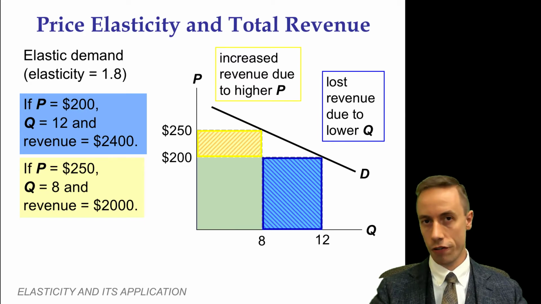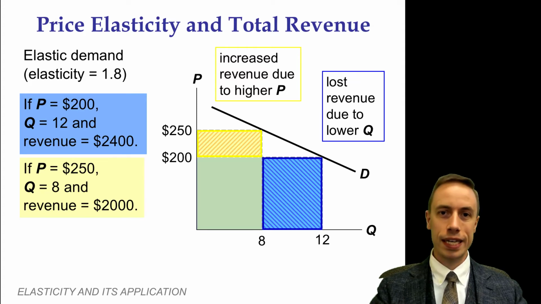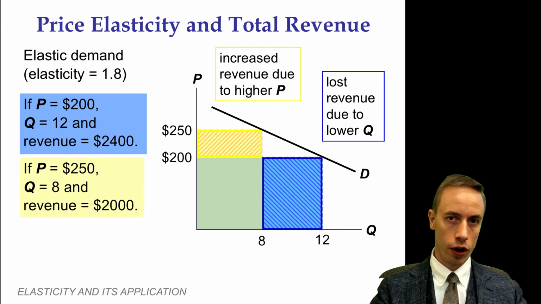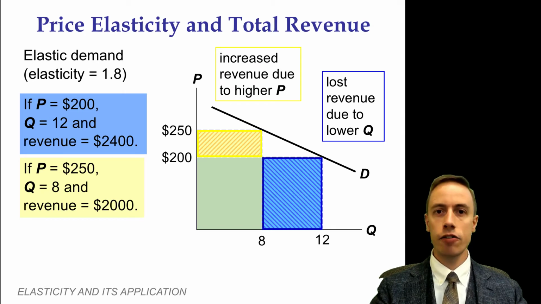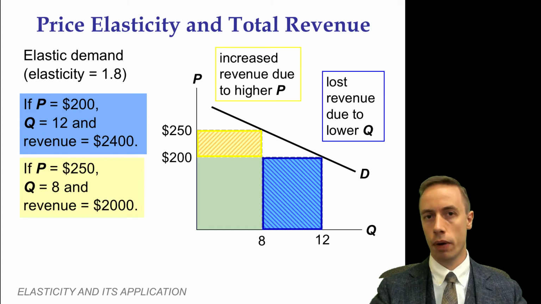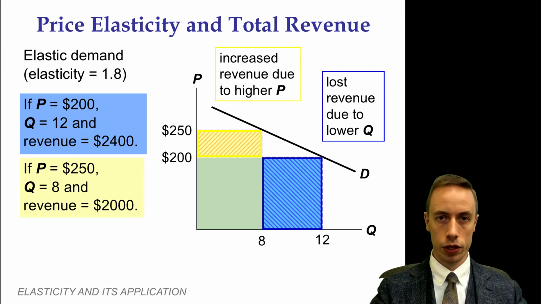Let's net those two effects out. We're losing $800 in revenue from the 4 customers that leave us. We're gaining $400 in revenue from the 8 customers that stick with us. The net effect is that our revenue drops by $400 from the original $2,400 to the new $2,000.